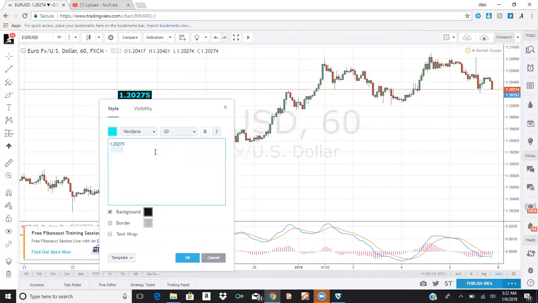1.2027. Jeez, I can't type. So if we had a yen pair, it's going to be the 3, for example, right?